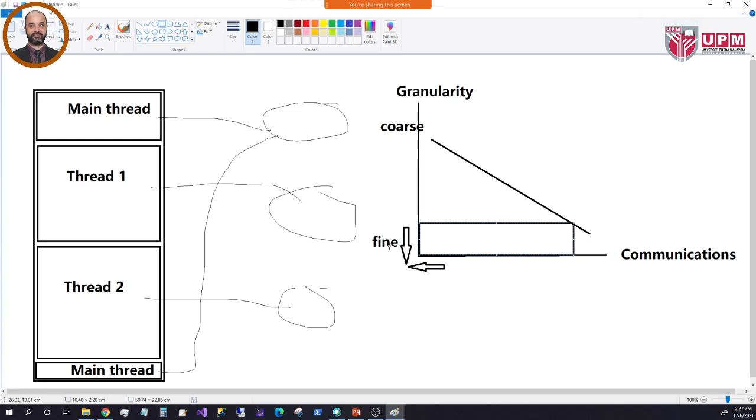So whenever the communication increases, the granularity becomes very fine. And whenever the granularity becomes very coarse, the communication will be reduced until it reaches zero. Okay, is that clear, guys?